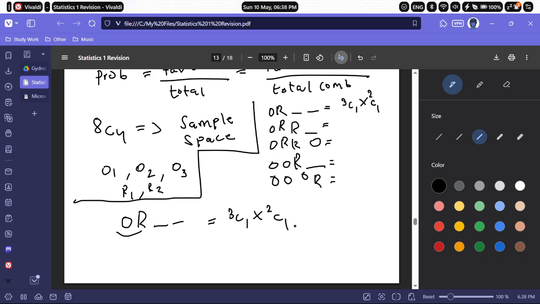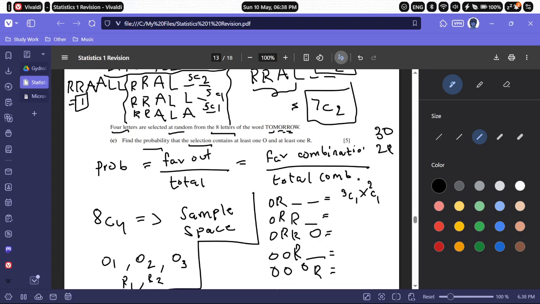Now let's say for one of your examples, the O that you choose is O1, and the R that you choose is R1, and let's say we use the logic of doing 6C2. So let's say I'm choosing O2 and then some random letter which I don't care about, T.